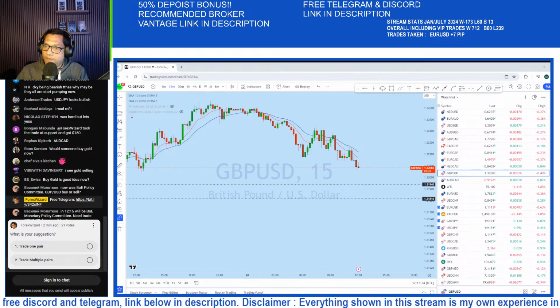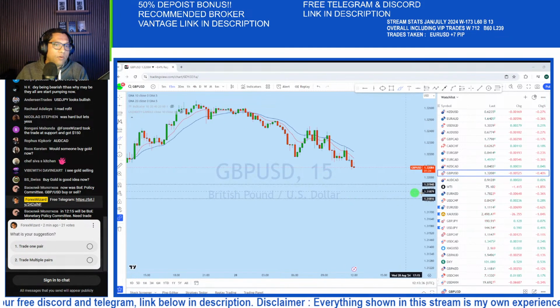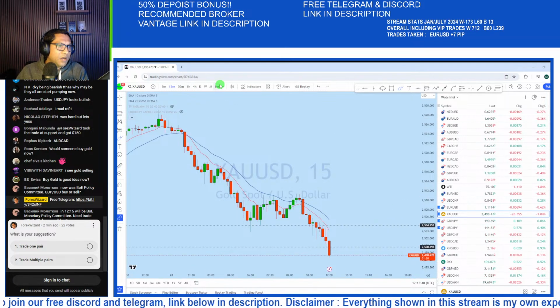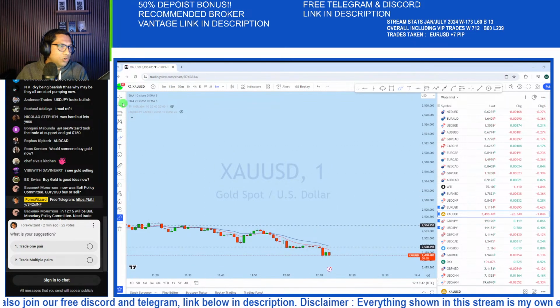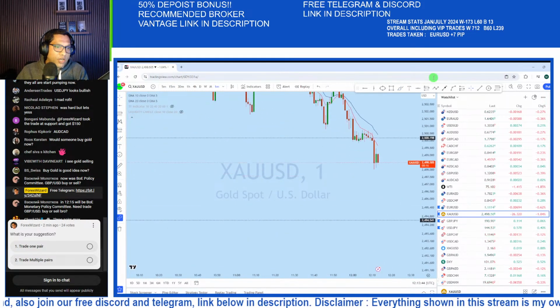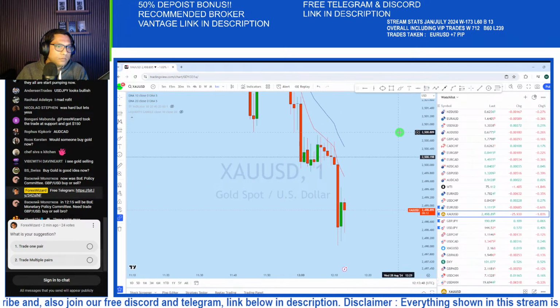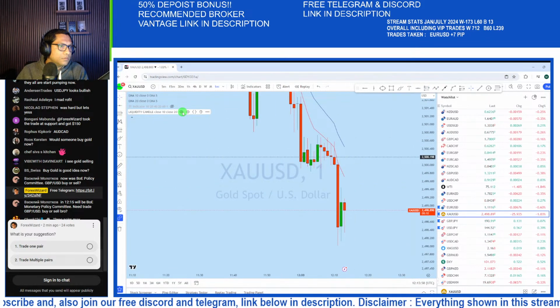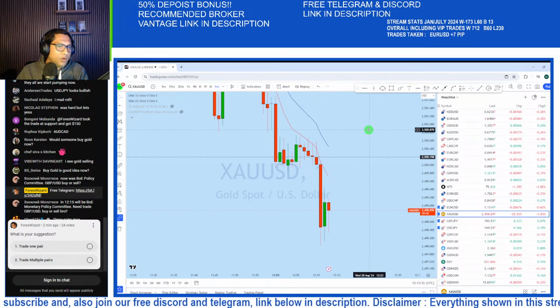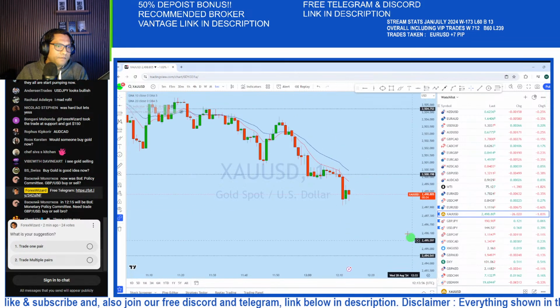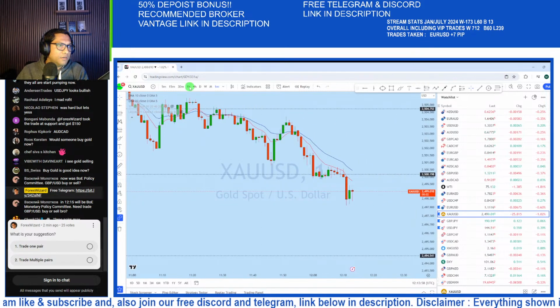Okay, now going back to gold, we can see that there is a drop on gold, a very strong drop. The market trend is down. So quite a few liquidity candle formations in that area. 1 minute chart.